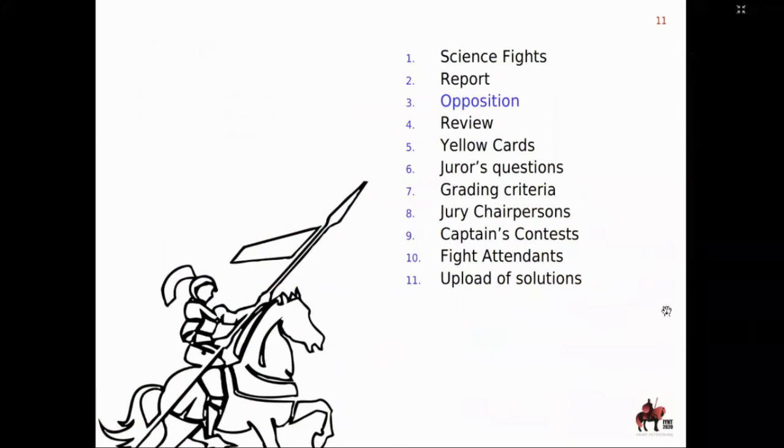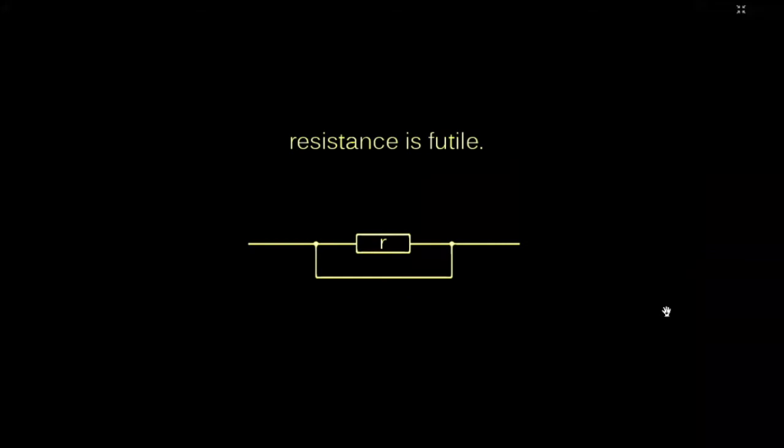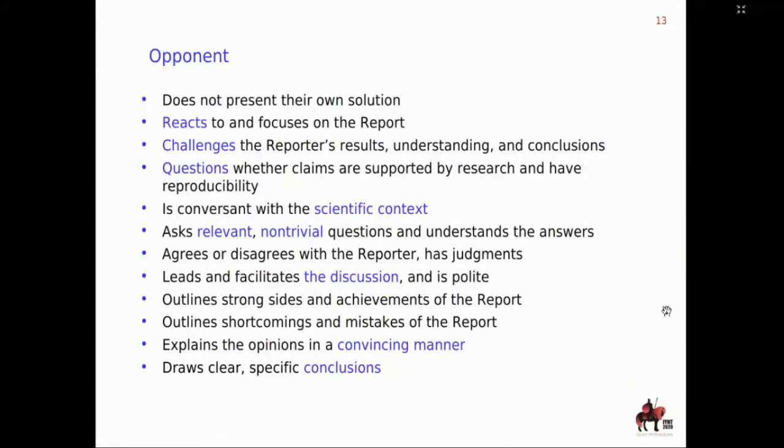opposition. We expect that the opponent is critical, and we expect that they try to reveal the shortcomings and drawbacks of the report, but also highlight the strong sides of the report. This picture here is obviously a joke. We expect from the opponent that they do not present their own solution. Instead, they react to the report and they focus on the report.